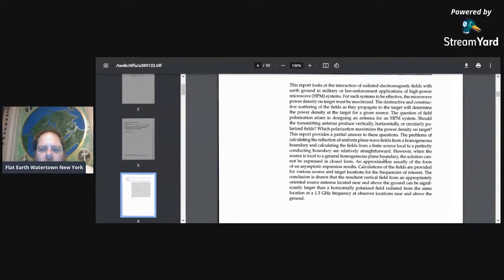So homogeneous means, I had to look this up. Listen, nobody can know everything, but I had to look up what homogeneous meant because I said it wrong. It means consistent, the same throughout. So throughout the whole Earth, it's a plane. Okay, plane's flat. And we're talking about horizontal polarized field.